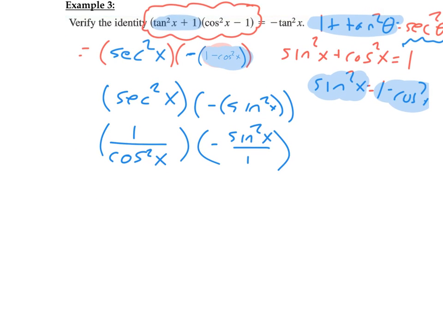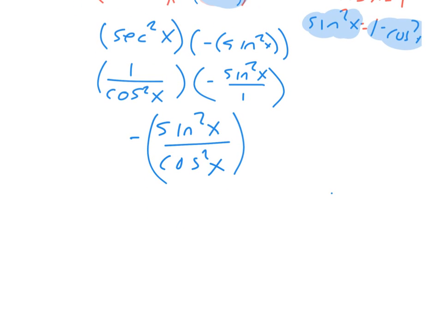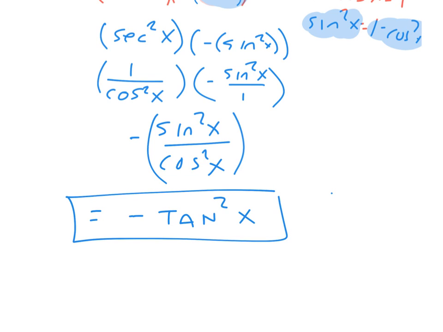And then combine them, top times top, bottom times bottom, so I have a negative sine squared x over cosine squared x. And then we know that sine over cosine is tangent, so a sine squared x over a cosine squared x is a tan squared x, which is what we are after.